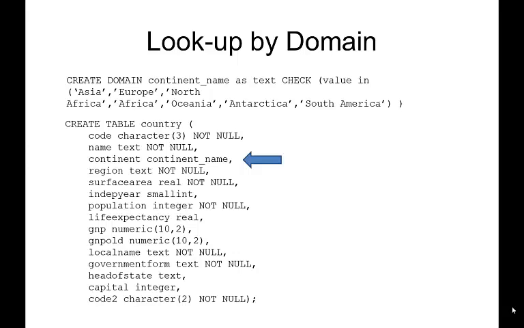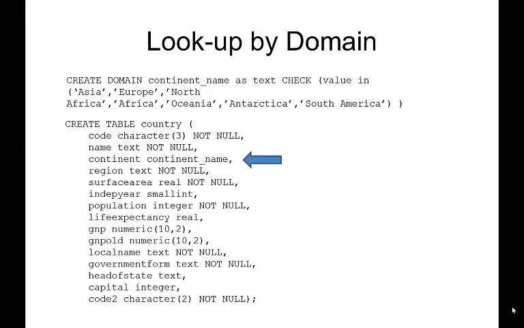So it's a text data type, but it has associated with it a check constraint. We're effectively creating a new data type called continent name. That is a text one, but also has an additional check constraint, where the value is in this array of values. An array is just another word for a list. So in that array: Asia, Europe, North America.